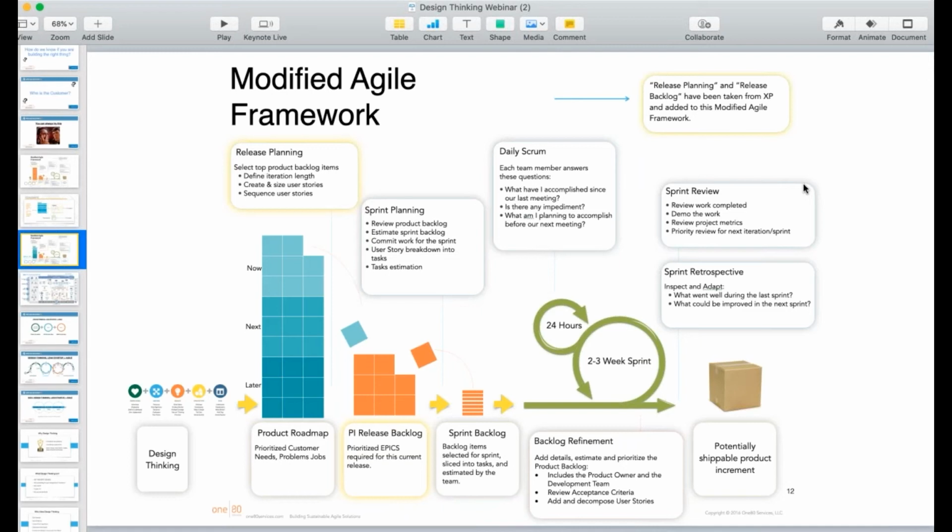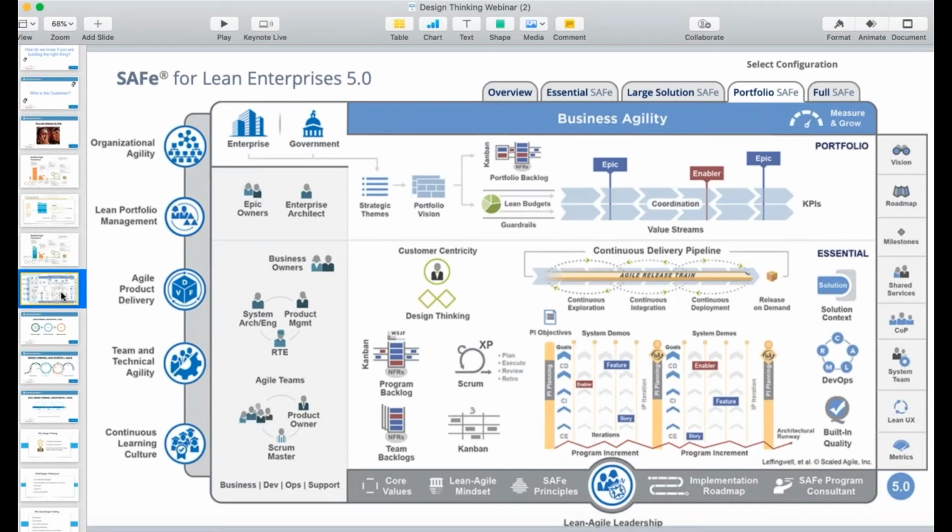Now, as many people are aware, there are lots of different Agile scale frameworks. The most popular one in the United States is SAFe. And as you can see here, SAFe distinctly calls out design thinking as a way to create a customer-centric approach to understanding what your customers want on each release train. This class is not necessarily about SAFe.